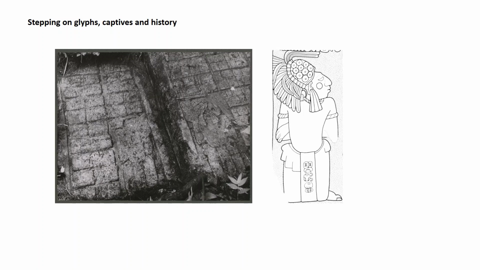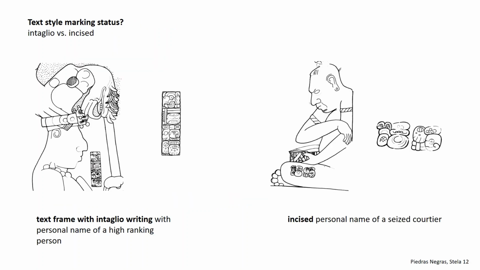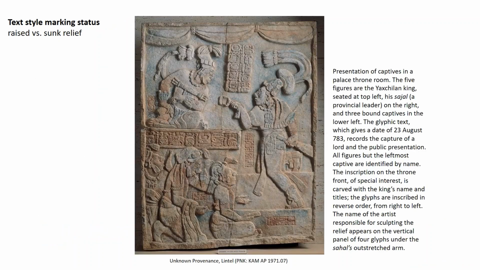And so textile marking status, yes, I would say. We have here different statuses expressed through this intaglio. We got here intaglio in front of the thing, because the names of individuals are usually associated with the body or with the face or the head of a person. The same works here.